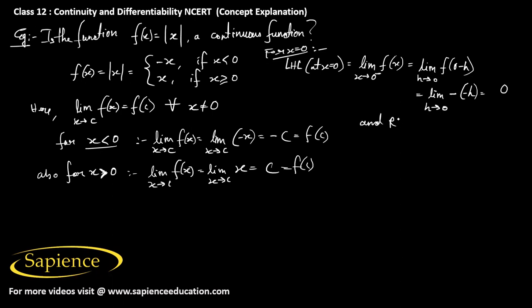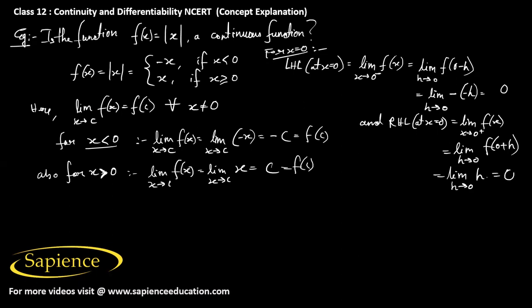And the right hand limit at x equal to 0 is limit x tends to 0 plus of f of x, which equals limit h tends to 0 of f of 0 plus h, which is limit h tends to 0 of h, equal to 0. And f of 0 is equal to 0. Therefore limit x tends to 0 of f of x is equal to f of 0.